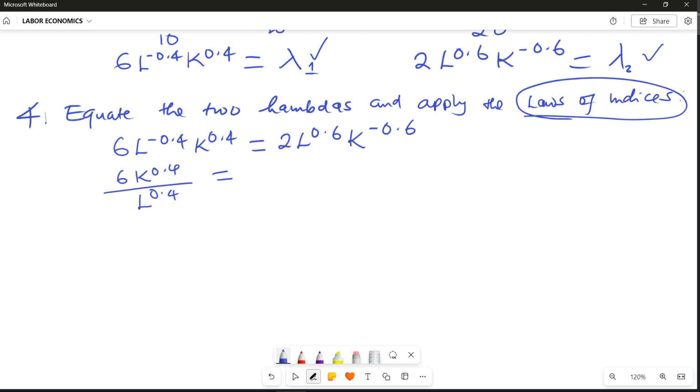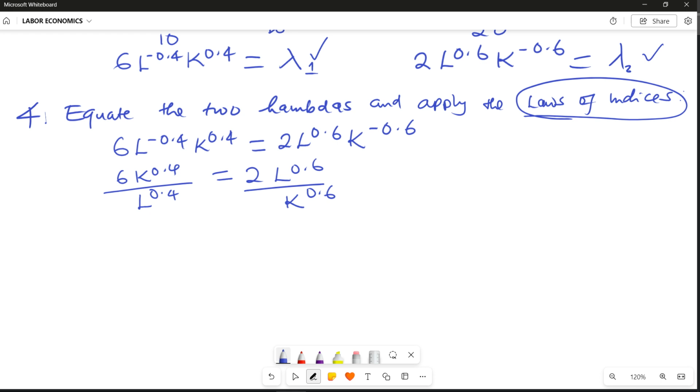All those with positive powers will remain on top. Those with negative powers will become denominators. So this will be 2L to the power 0.6 on the right, divided by capital to the power 0.6.